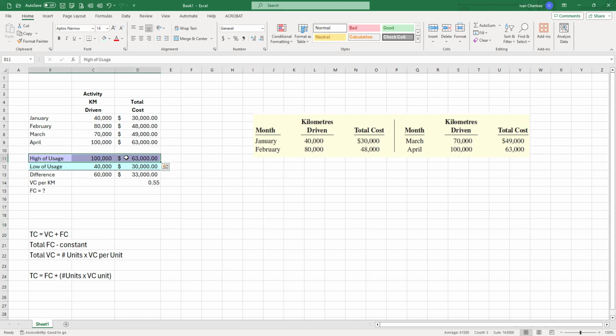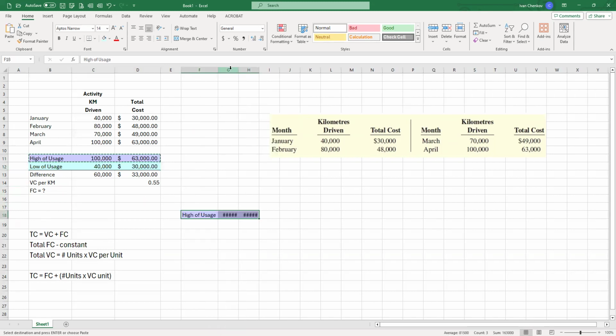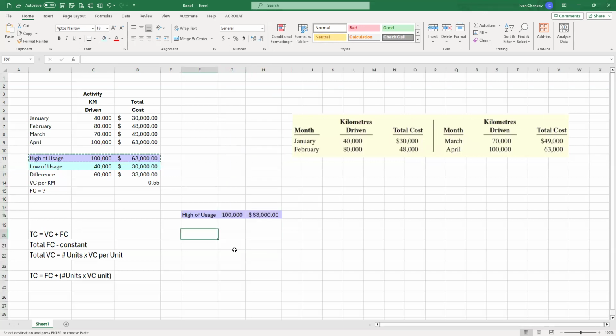In the high method, we already know the following structure here. I have this. And I know the formula for the total cost is equal to that formula. So what do I know, what don't I know?